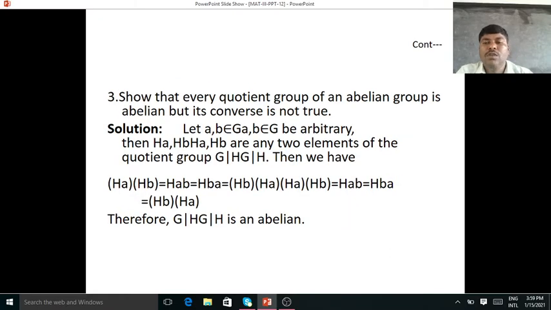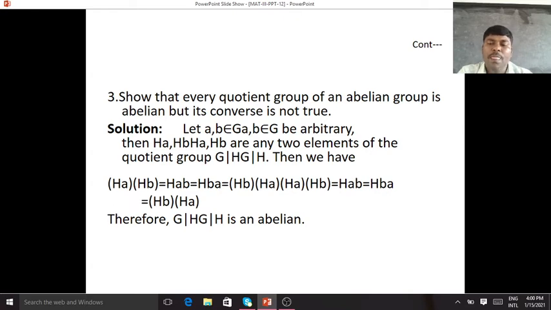Third example: show that every quotient group of an abelian group is abelian, but its converse is not true. Solution. Let a, b belong to G be arbitrary. Then Ha, Hb are any two elements of the quotient group G/H.